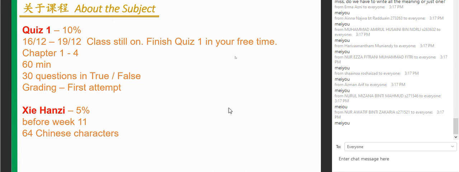Because you have 64 Chinese characters, starting from now, you can start to memorize them. Okay. Do the preparation for the coming quiz 2, your oral test and your listening test. So arrange your time very well. Don't wait until the last minute to do other things. Because during the test, you will find that the time is really limited. If you don't remember anything, you really are going to fail the subject.